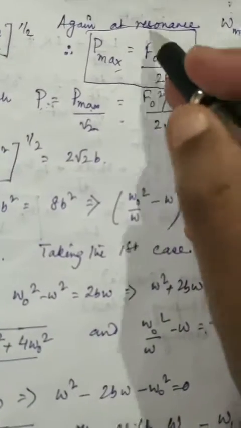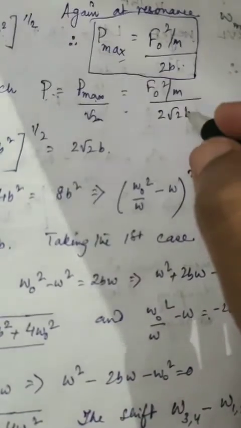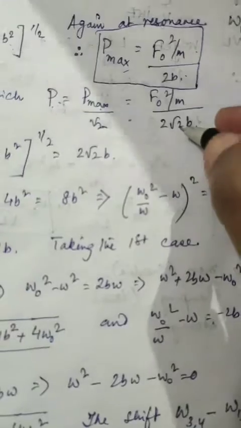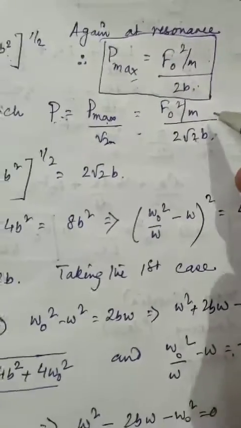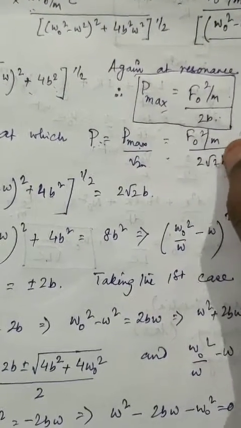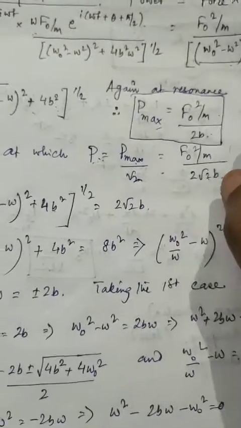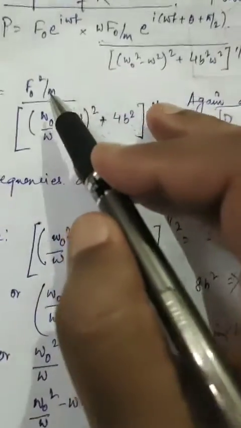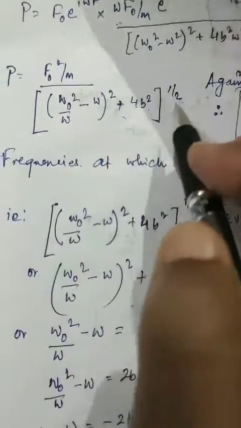So what is P max? P max is this, and 1 by root 2 of it is this. So it is 2 root 2 of b. Now what are the frequencies at which the power will reduce to this value? This is the power, F naught square by m, and this is the denominator.